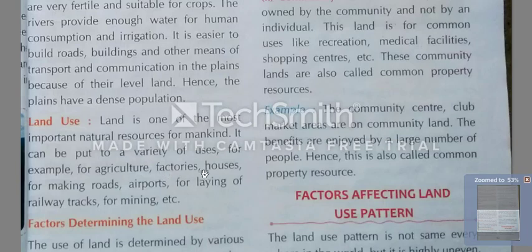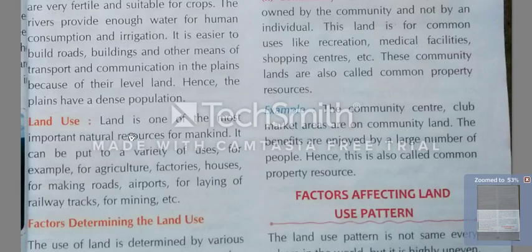Factories: people settle their factories on the land. House: how can we survive without land? It is not possible. We cannot live on a tree, we cannot live on a boat. We need a proper place to live. We cannot live on mountains. It is possible, but it is very difficult.